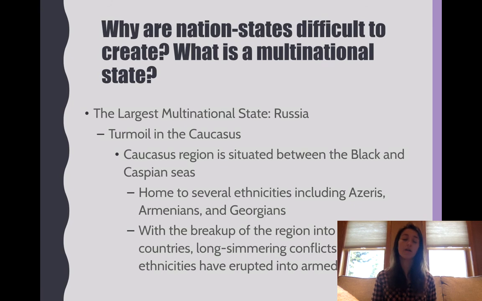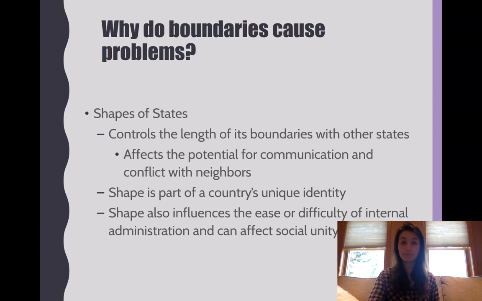For example, like I talked about in Congo, that's why today we have the Democratic Republic of Congo and the Congo. The same thing happened in Russia, right? So when a multinational state tries to expel other nations, or when other nations want to exert their sovereignty or their independence, usually this leads to some kind of war. And it's happened in Russia, it's happened in Africa, it's happened even in the United States, it's happened in Europe, right, post World War One.